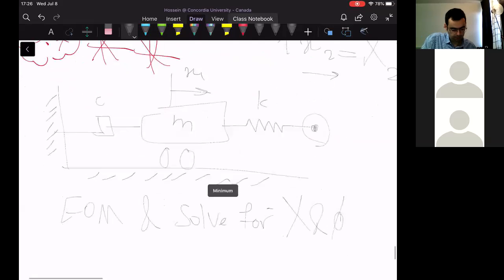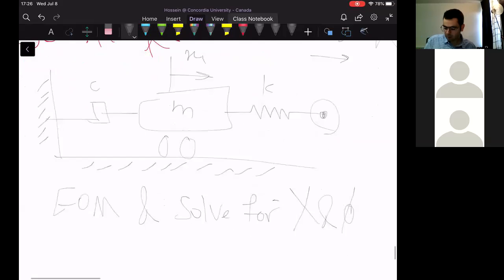So the first step is deriving the equation of motion. For any linear system like this, you could easily and simply take advantage of Newton's second law.